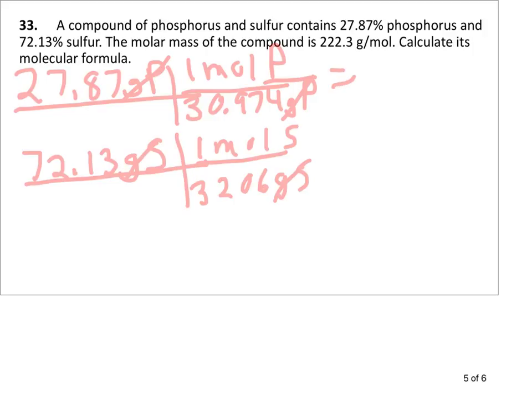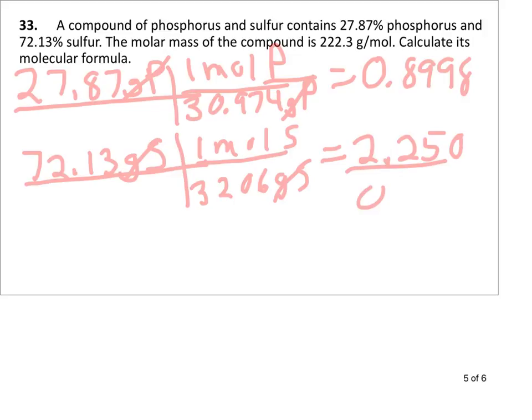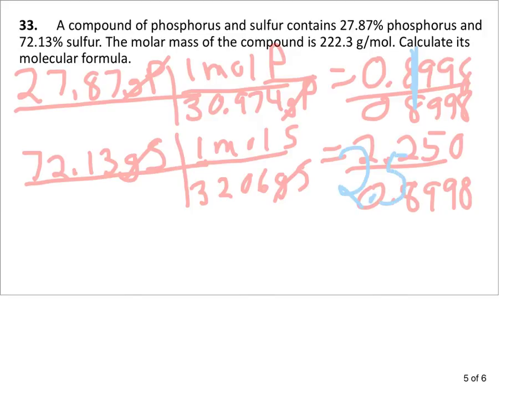Now do our divisions, and we get a 0.8998 and a 2.250, and we divide by the 0.8998, divide by the 0.8998, switch colors so we can see what I'm doing. We'll go to blue, and we get a 1 and a 2.5.